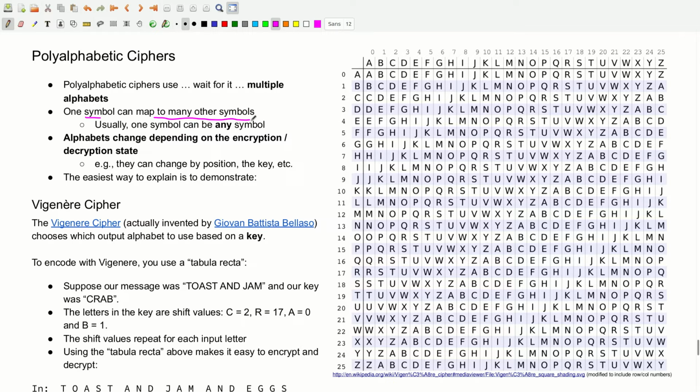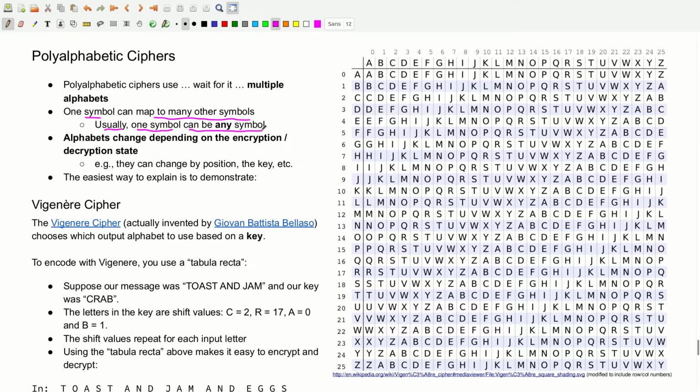Usually, for a good algorithm, one symbol could map to any of the other symbols depending on the state of the algorithm. Okay? And the alphabets are going to change depending on the encryption, decryption state, and so on. In a real algorithm, that's how substitution works, polyalphabetically.